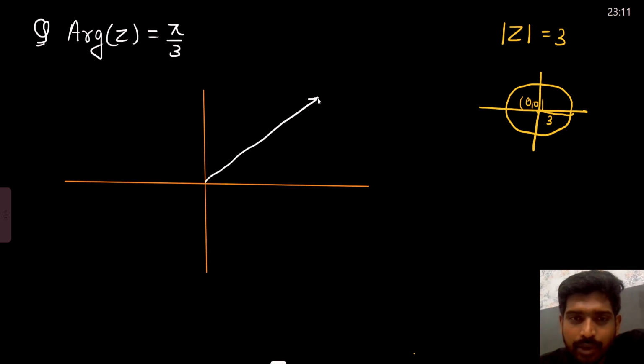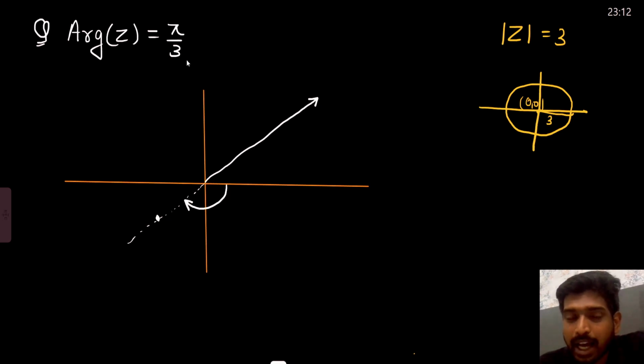Or to be precise, this does not represent a line, because a line can be produced in both directions. Any complex number on this side, on the third quadrant, we have to measure the argument like this, and that would be its argument.